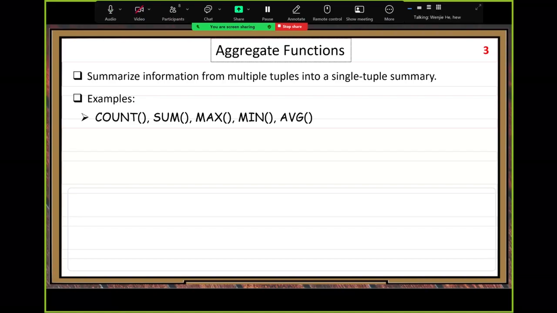Count: count the number of rows in a table. Sum function: it will add up the values in a table with respect to a particular column.